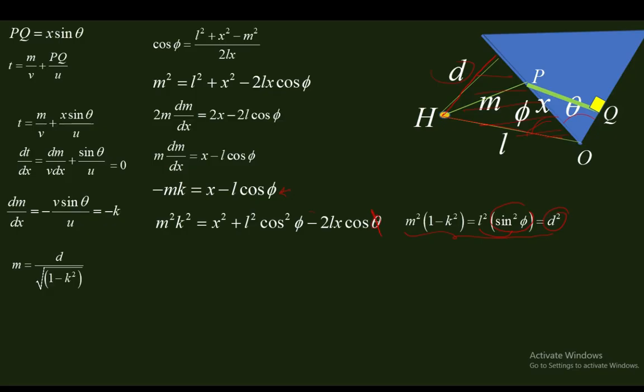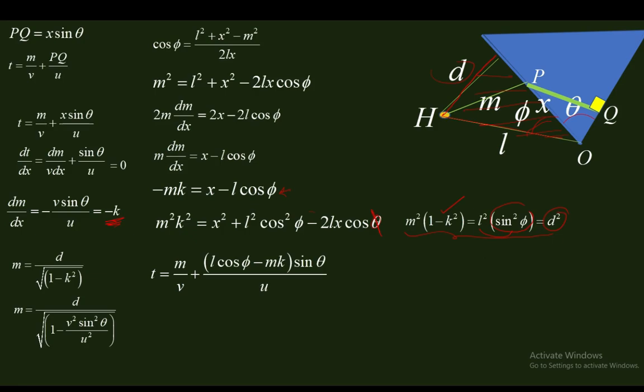Then m from this equation comes out equal to this. On just putting the value of k, which we have found earlier, we get this. From here, I've just put the value of k, and now using this equation, just put the value of x.